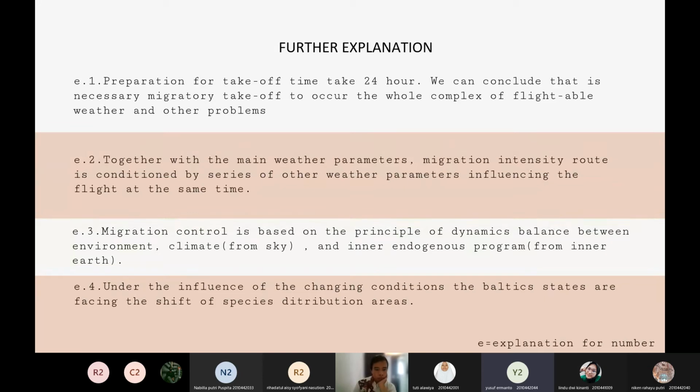Number three, the migration control is based on the principle of dynamic balance between the environment, climate, or conditions from the sky, and an inner endogenous program from within. Number four, under the influence of changing conditions, the Baltic states are facing a shift of species distribution areas. Next slide.